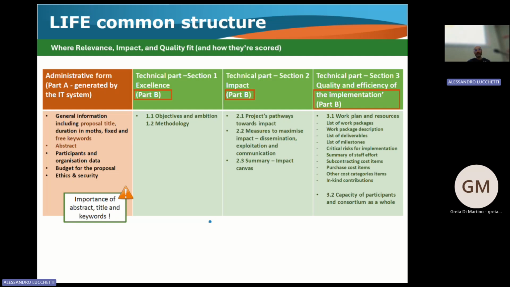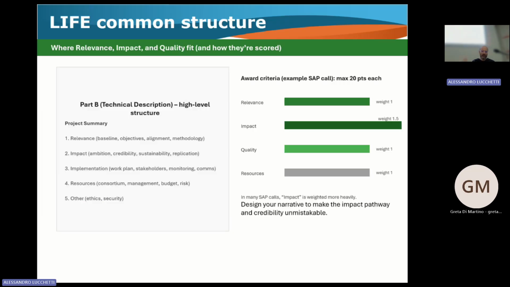The most important part is the impact. Yes, here the impact is the most important part because when you have an evaluation of your proposal, there is a weight for the different sections, the relevance, impact, the quality. As you can see, the impact usually weighs more than the other parts. Consider that you have to be able to write the impact part.